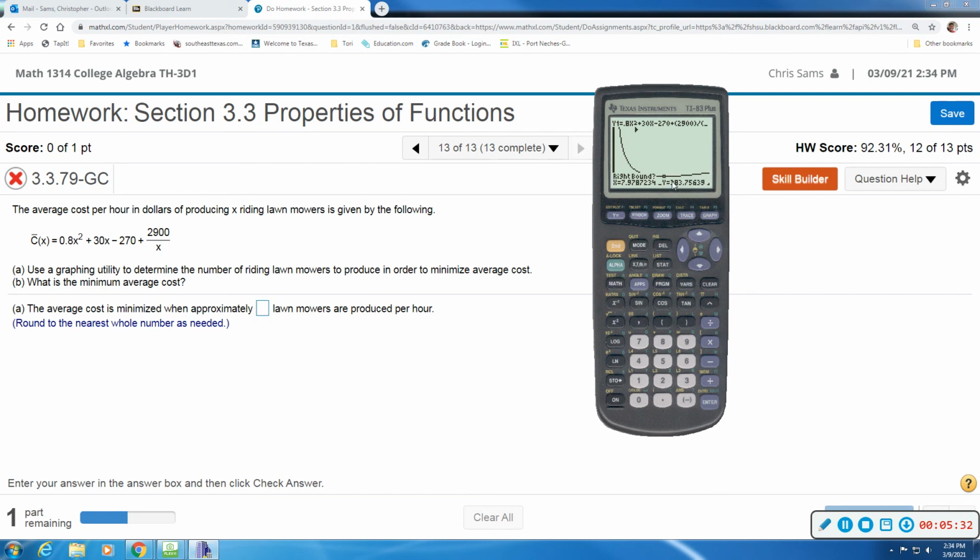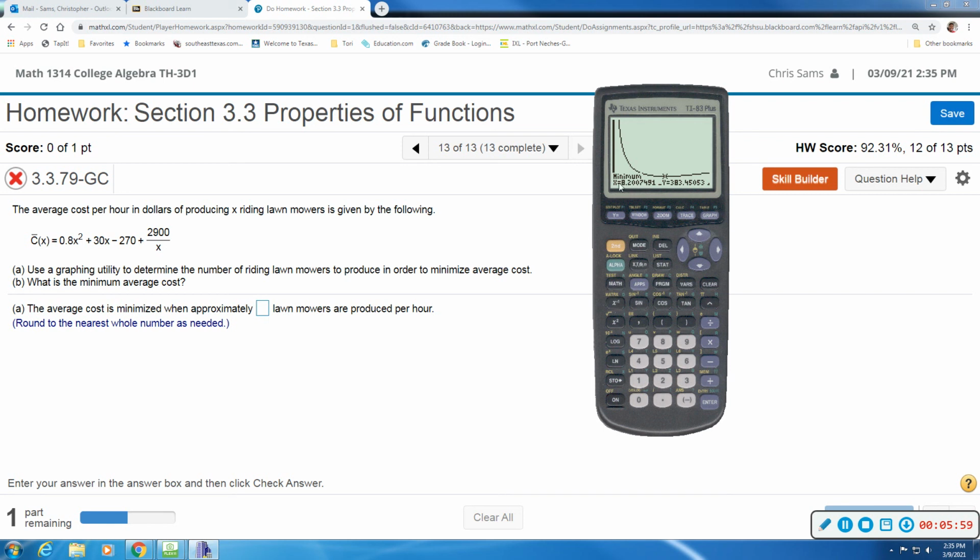I was at 383 as I'm arrowing to the right, 383, and then all of a sudden that Y value starts going up. So I know I'm to the right now of the low point. So I'm just going to hit enter. It says guess. You don't have to. Just hit enter the third time, and it should find the low point. So in between those two, about producing 8.2 lawnmowers, we would get a value of 383.